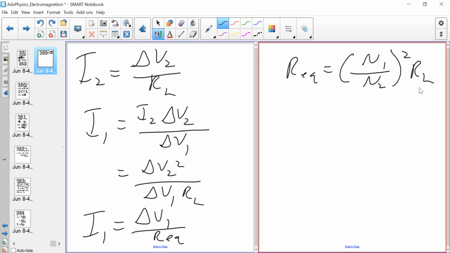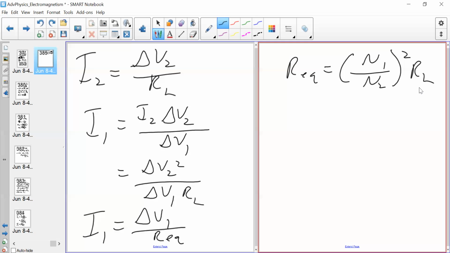So we have the primary coil, and then, sorry, we have our load resistance. So load resistance through the secondary coil, and then the primary coil.